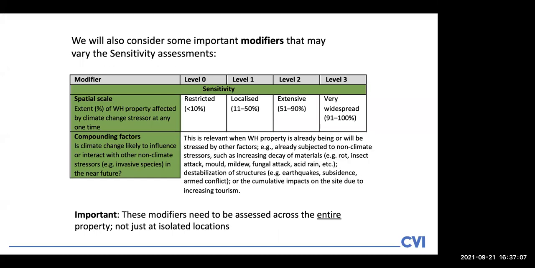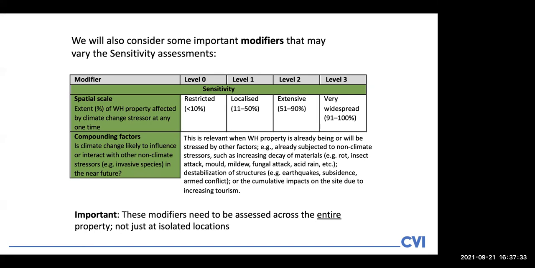But what do we mean by compounding factors? This is relevant when we're already seeing other stresses occurring on a property. And so this may include the decay of materials, mold, mildew, acid rain. It could include the destabilization of structures, for example, earthquakes or subsidence.